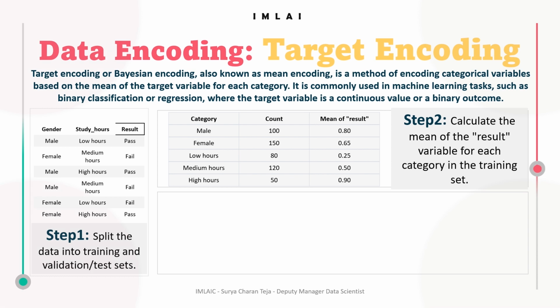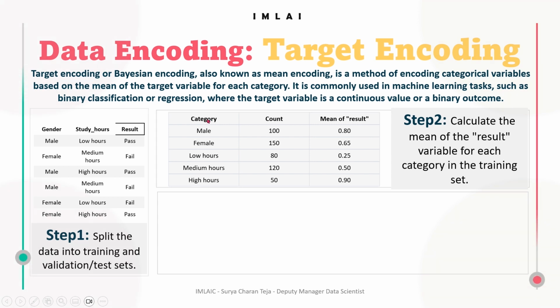Now let's move on to step two: calculate the mean of the result variable for each category in the training set. See here, I have calculated the mean of result. It's simple. Let's take the count first.